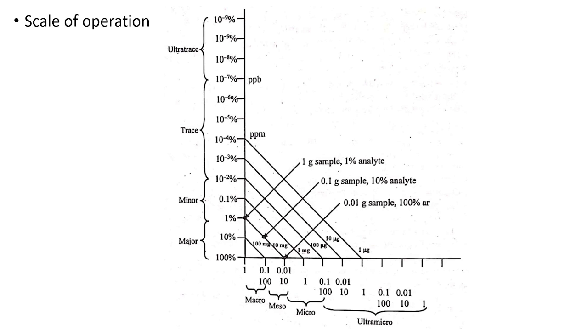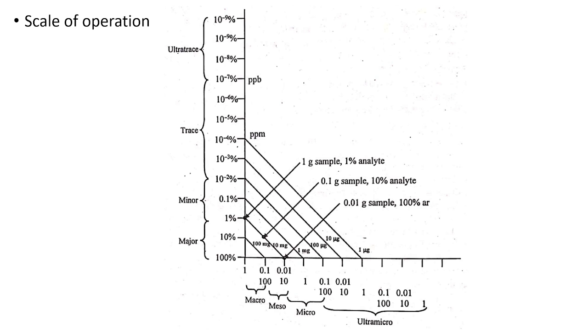It is a plot of sample size on the x axis and analyte concentration on the y axis. On the x axis sample size is there, but how much analyte is present in that sample is plotted in percentage on the y axis. From this figure it can be seen that diagonal lines connect the two axes, showing combinations of sample size and analyte concentration containing the same absolute amount of analyte.